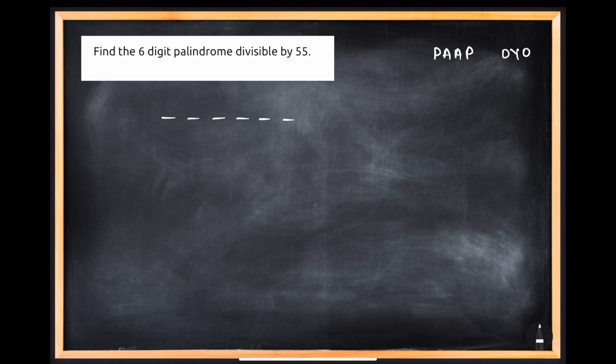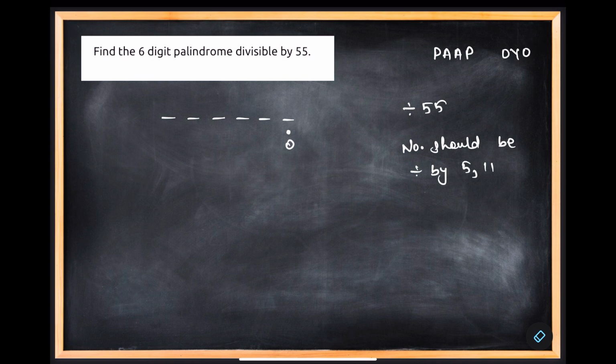So you know that if it is divisible by 55, the number should be divisible by 5 and 11, correct? If it is divisible by 5, we should keep here 0 or 5, correct?